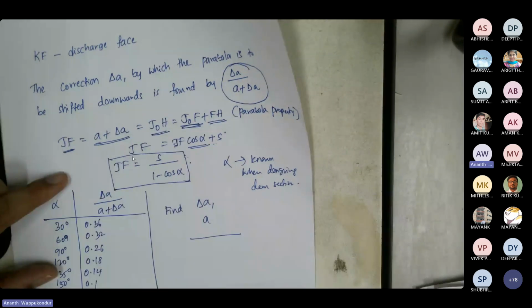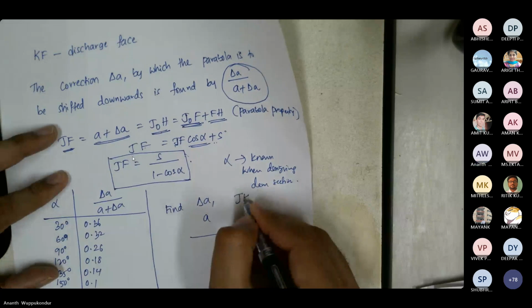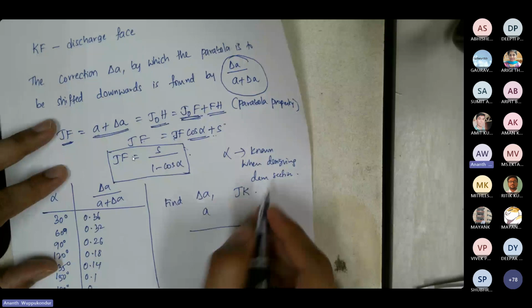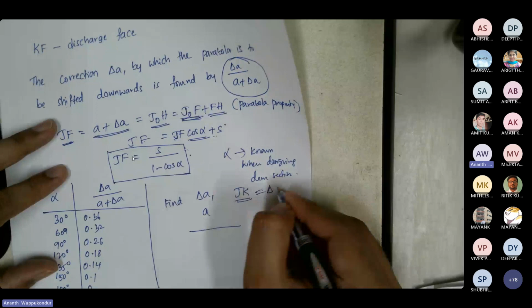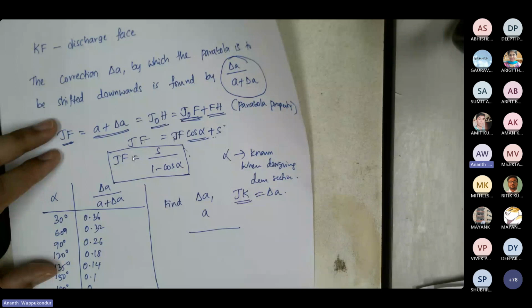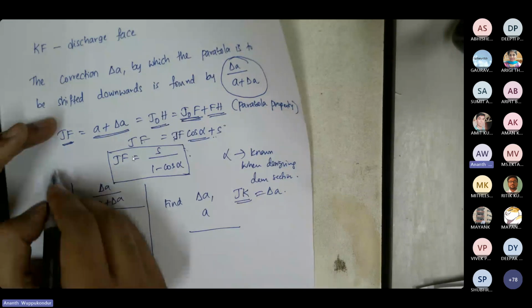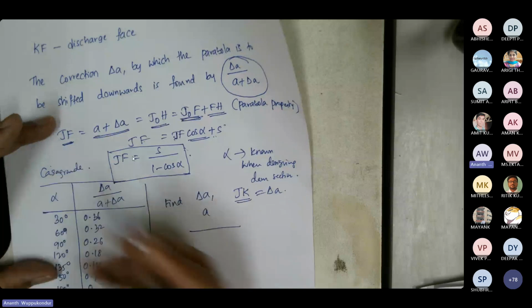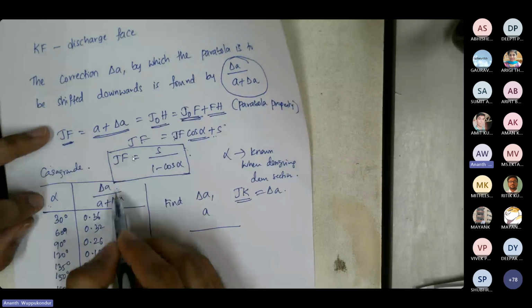Now once you know JF, then you need to calculate what is delta A, because we are interested in JK. So JK is delta A, and we have one more equation from Casagrande's method, where the relationship between the angle alpha and delta A by A plus delta A is known.